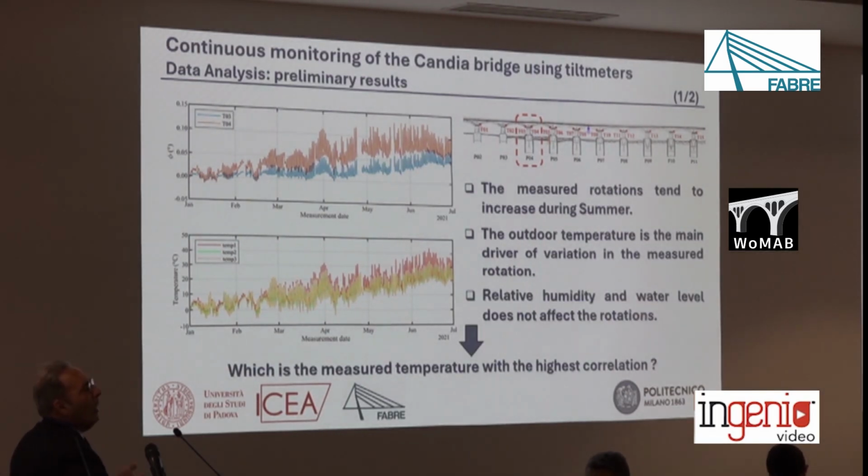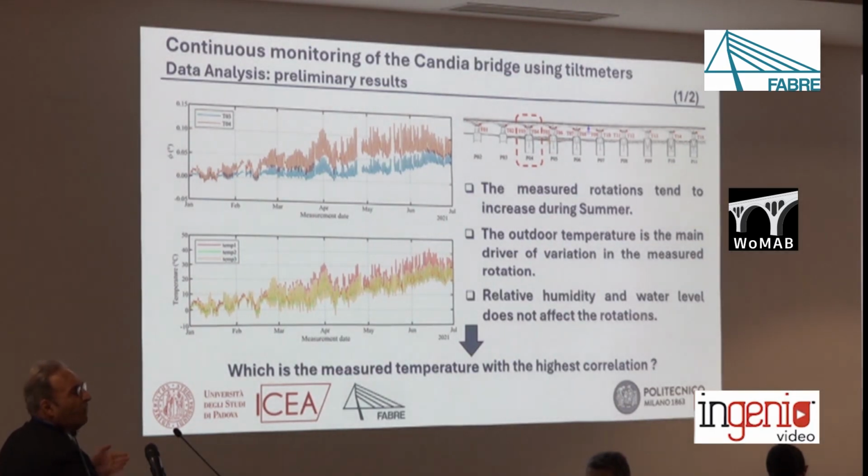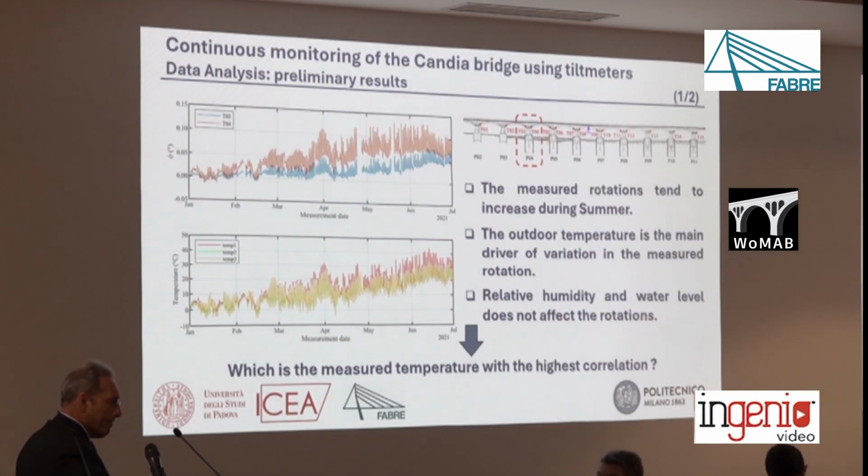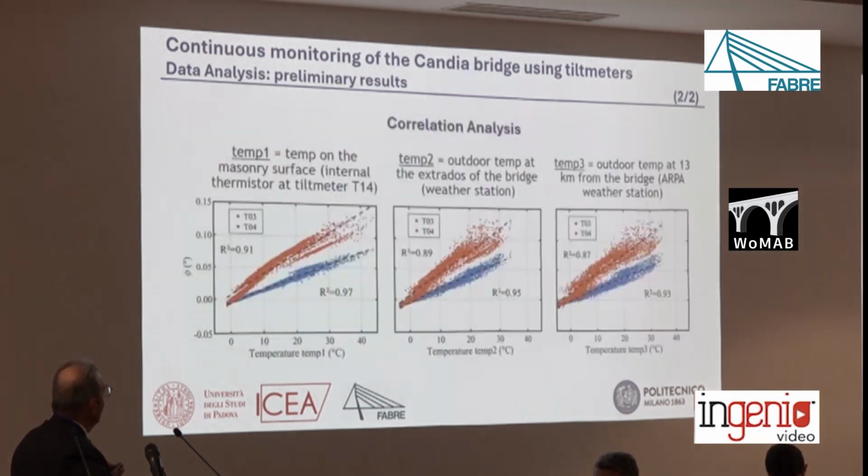But we have a lot of measurements of temperature because each tilt meter has a temperature sensor integrated in the sensor. In addition, we have a weather station, and there is also a public weather station at a distance of about 13 kilometers from the bridge.